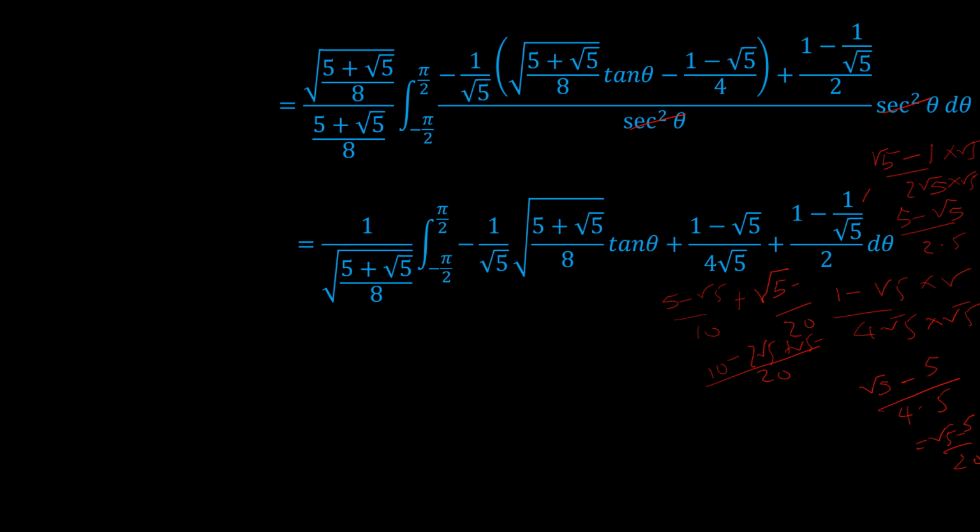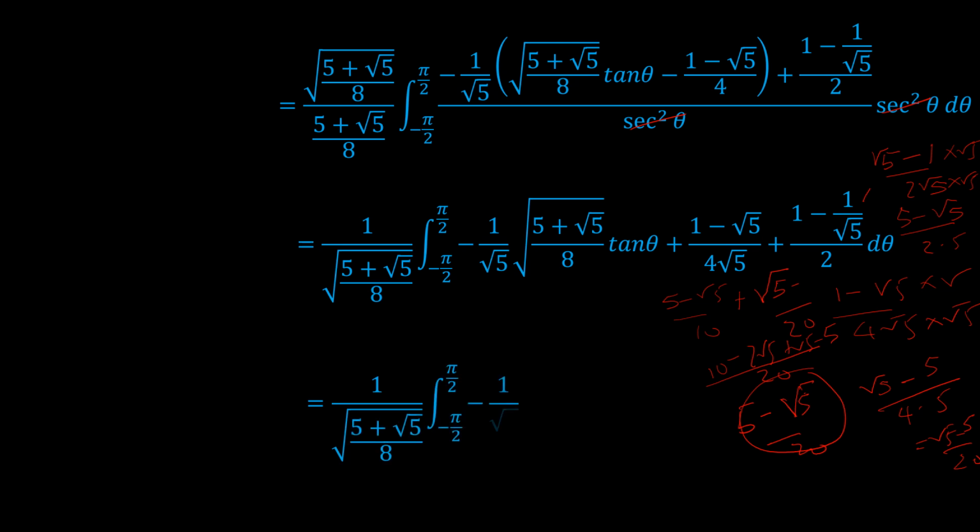So we get 5 minus 5 here is 5 minus root 5 over 20, right? And so substitute here in place of this convoluted stuff that we have here. So 5 minus root 5 over 20. So this is what we have here.